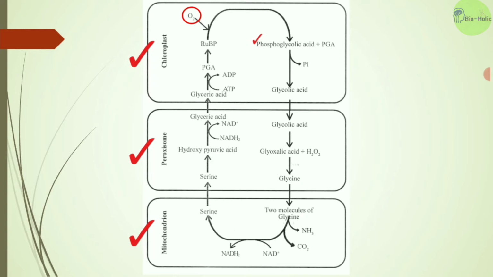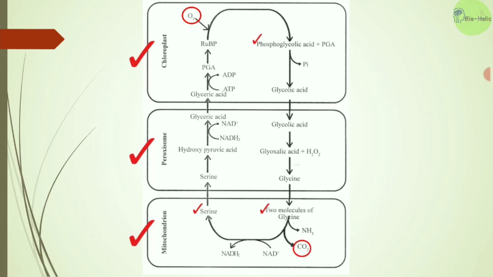After that, it is converted into glycolic acid that enters the peroxisome. And in the peroxisome, the glycolic acid is converted into glyoxylic acid and hydrogen peroxide, and later it is converted into glycine, and this glycine enters the mitochondria, and then two molecules of glycine are converted into serine, and in this reaction carbon dioxide is released.